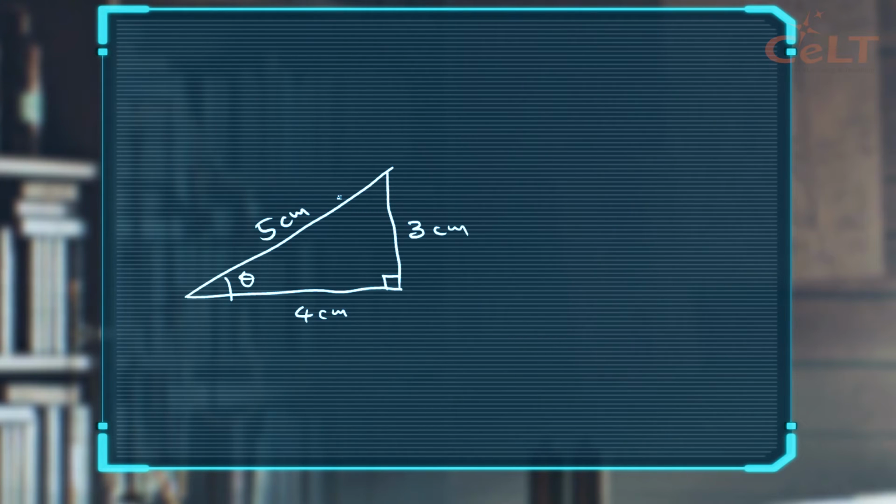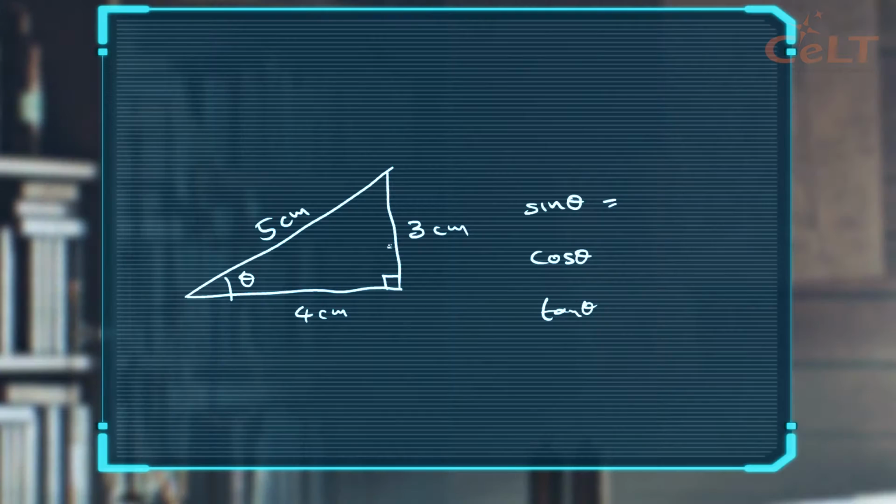So for this example, what is going to be the value of sine theta, cosine theta, and tangent theta? Let's pick up sine theta first. Sine theta, according to the mnemonic SO, is equal to opposite over hypotenuse. Opposite is 3 cm, so let's put 3 there, over hypotenuse, which is 5. So sine theta is equal to 3 over 5.